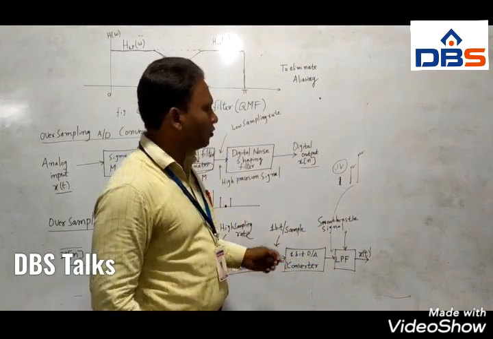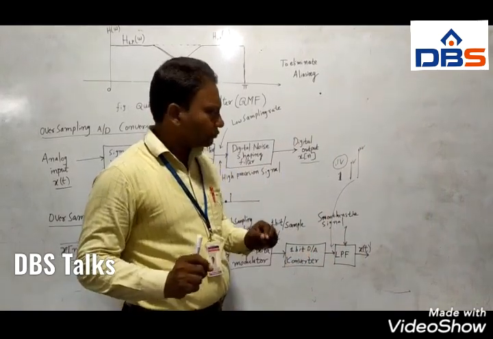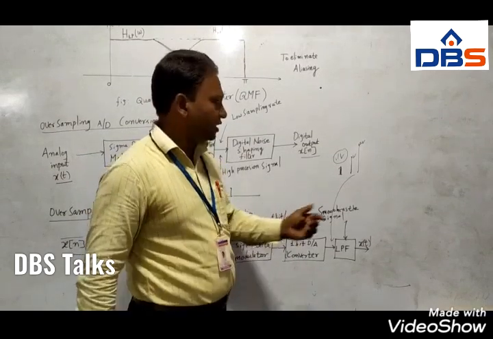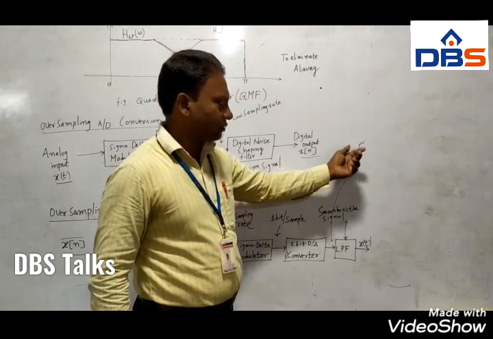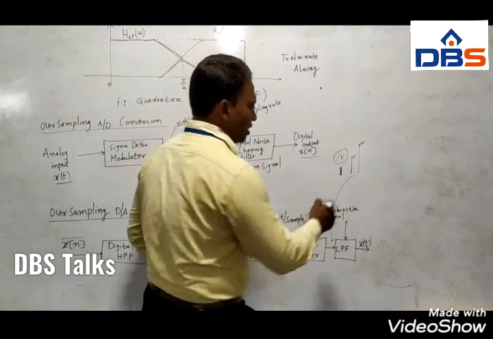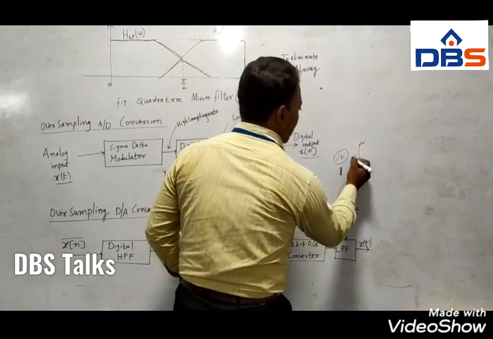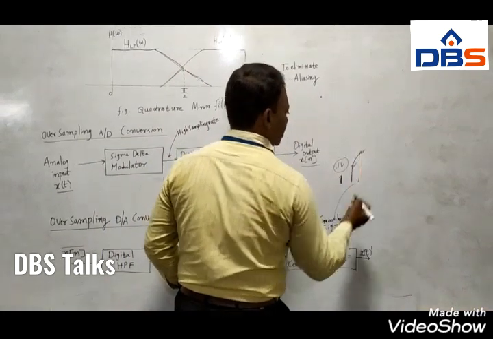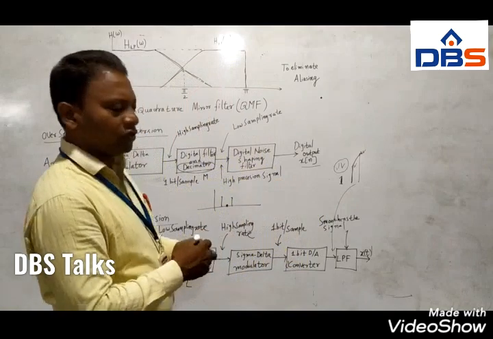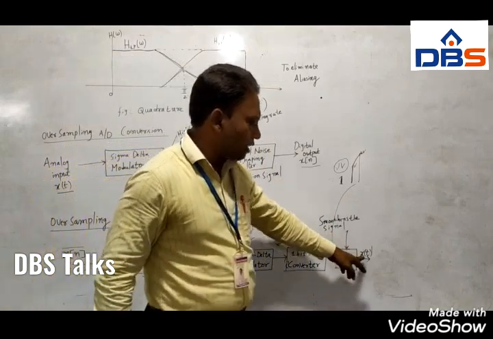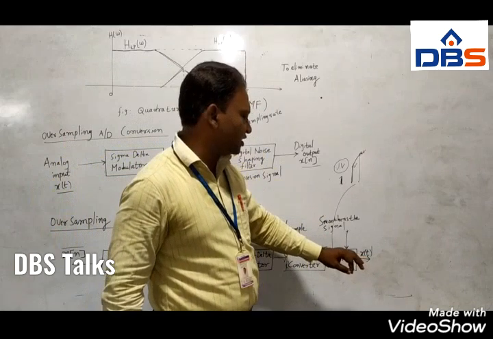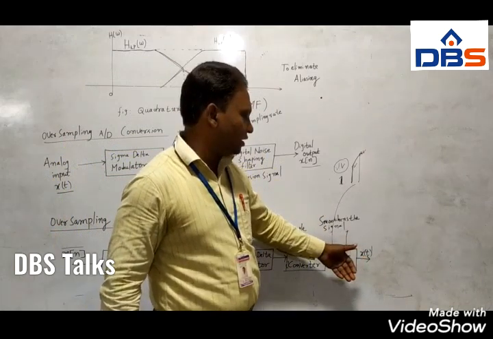All these samples are passed through the low pass filter. What will the low pass filter do? The low pass filter removes the high frequency components present in the sequence. Then it will hold the value, then smoothly go, and finally you will get a continuous message signal x(t). How do you get that x(t)?